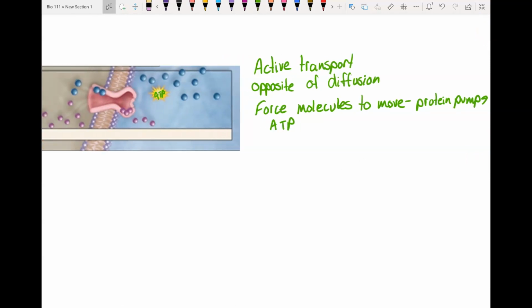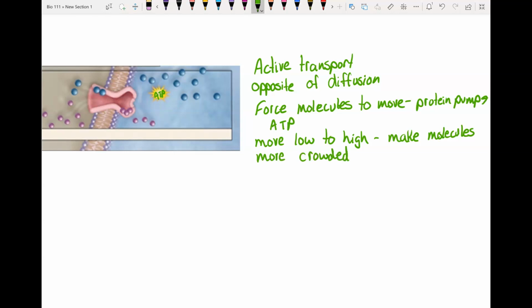So instead of moving from high to low, you're going to move low to high, so that you make the molecules more crowded. Opposite of letting them spread out and be even.